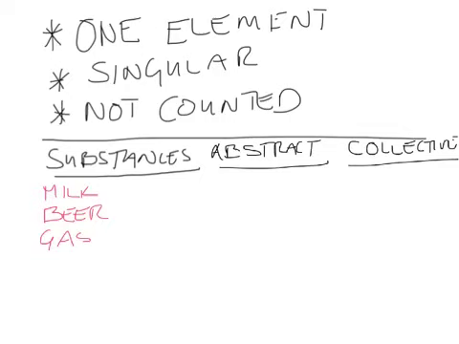Then abstract nouns are things that are not concrete, we can't really touch them or see them.